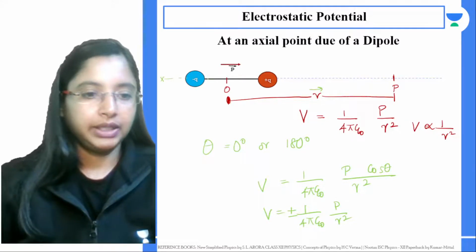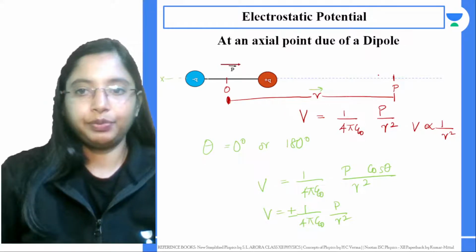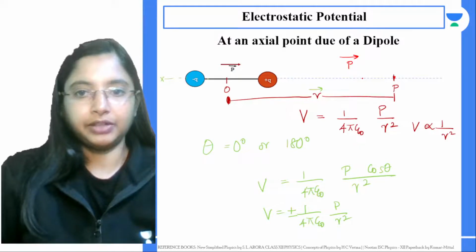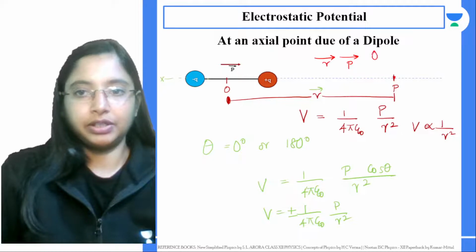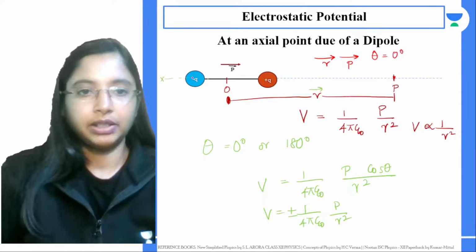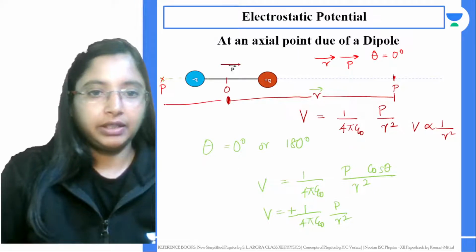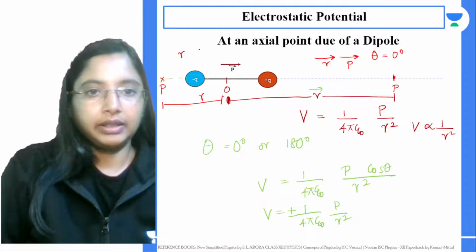Now in this direction, if you take a point here, the dipole moment is in this direction, and your R vector is also in this direction. In this case, theta is equal to 0 degrees. But if you take a point P on this side, from the center to this point, this will be R, and this R is in this direction.